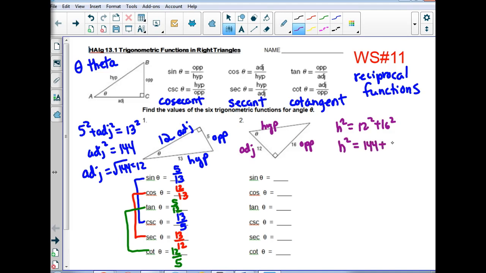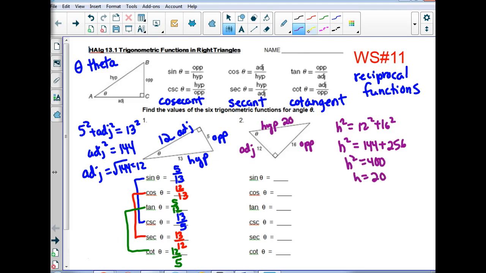What's 16 squared? 256. I always mess that one up. Okay, and then when you add, you get 400. Then you take the square root, and the hypotenuse is 20.